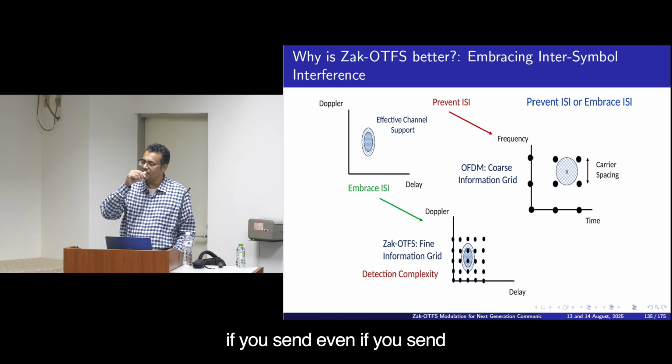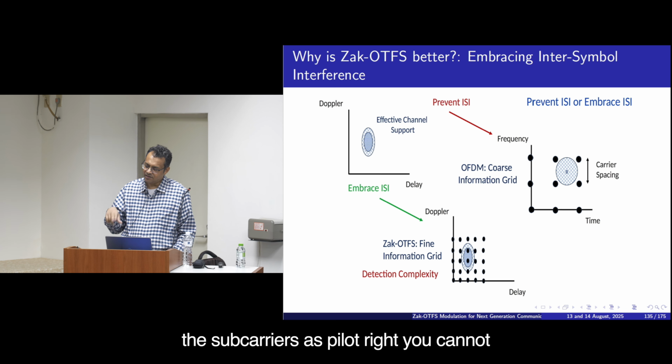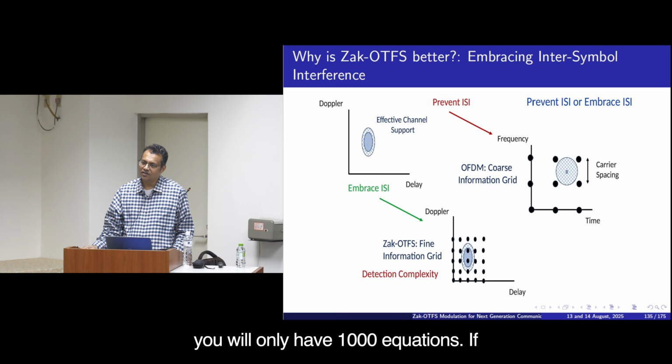Even if you use all the subcarriers as pilot, you still cannot estimate 1000 times 1000 coefficients, because you will only have 1000 equations.